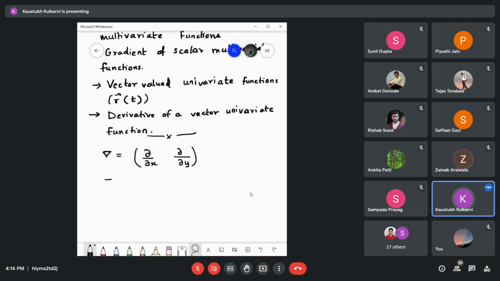So when you apply it on a function f, del of f is nothing but dou f by dou x and dou f by dou y. Okay, when n is equal to 1, it is a univariate function.